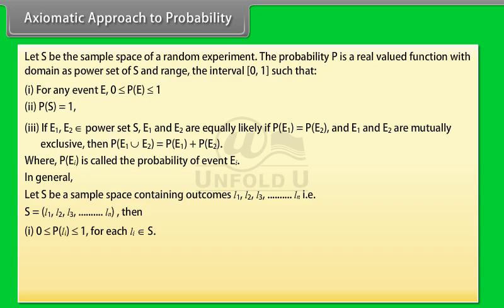Then 1, 0 less than or equal to P of Li less than or equal to 1 for each Li belonging to S. 2. Summation from i is equal to 1 to n of probability of Li is equal to 1. 3. If L1 and L2 are equally likely, then P of L1 is equal to P of L2.